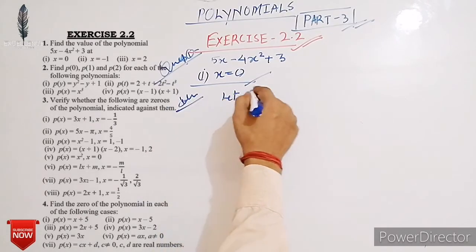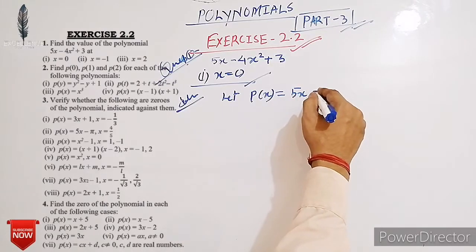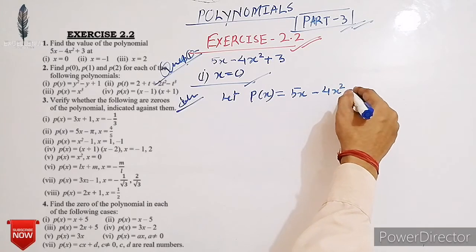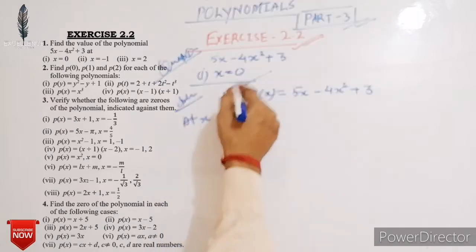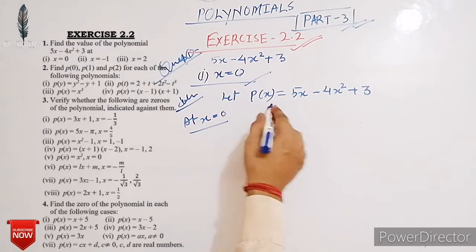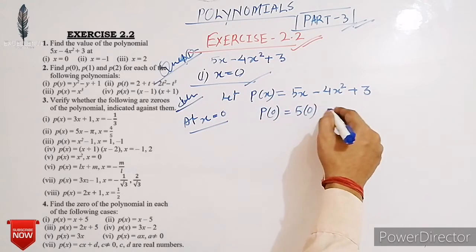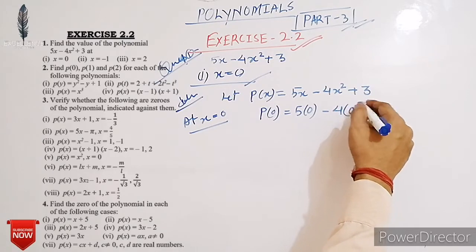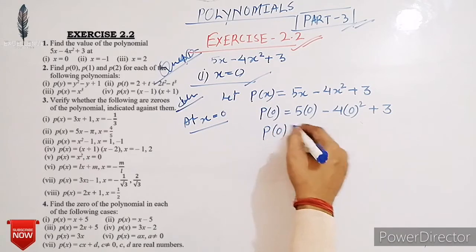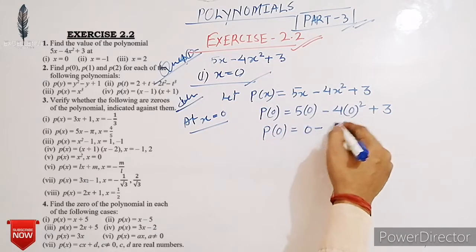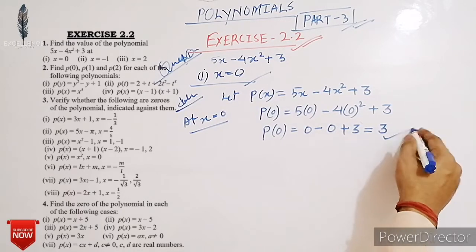Here let p of x is equals to 5x minus 4x square plus 3 at x is equals to 0. Now put the value of x in p of x. So here p of 0 is equals to 5 into 0 minus 4 into 0 square plus 3. Here p of 0 is equals to 0 minus 0 plus 3 is equals to 3.